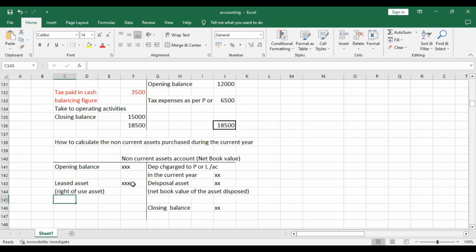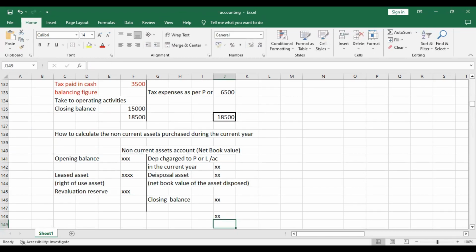Then any assets revalued: the revaluation reserve will also increase the value of the asset, but that is not for cash. Then if there is any balancing figure, that balancing figure you can take as the purchase of the asset for cash.